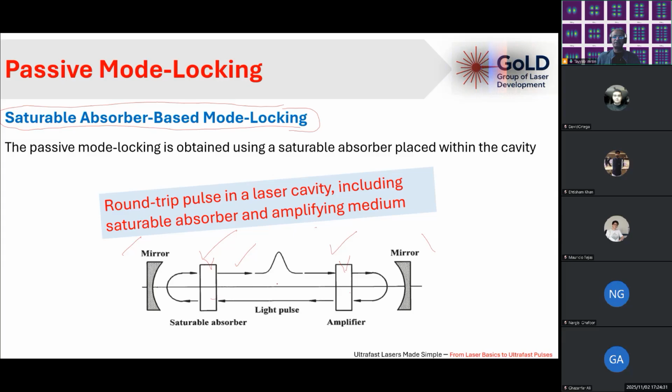What it does at low intensity in the beginning is block the light, and when the intensity is increased, the light passes through the saturable absorber and it releases the light. So it's a bleaching effect.